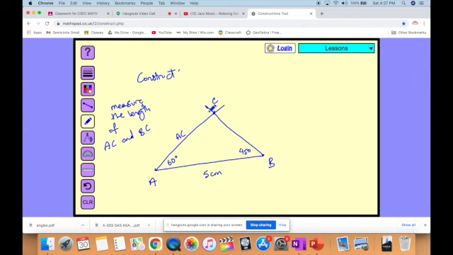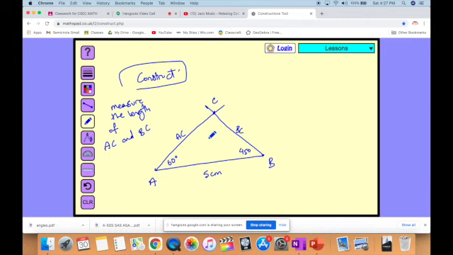This is AC, and this here is BC, or CB, any way you want to go, right? So when you construct, you construct your line segment first, right? And then you construct a 60, then you construct a 45, and they should cut at a point, and you can measure the length of each of them.